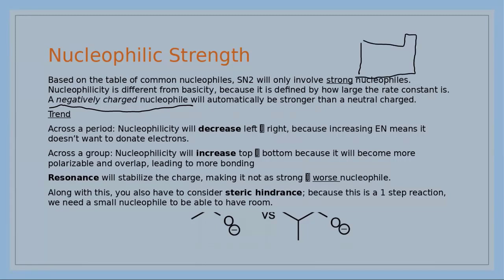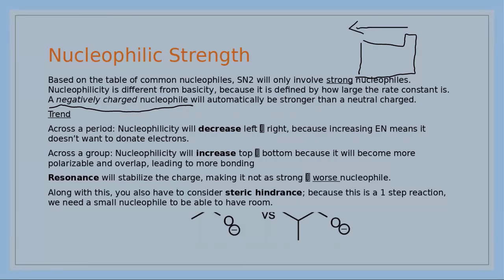So as we go from left to right, nucleophilicity will decrease because when we have a higher electronegativity, that's going to mean that the nucleophile doesn't want to donate its electrons. So that's going to decrease as we go left to right.